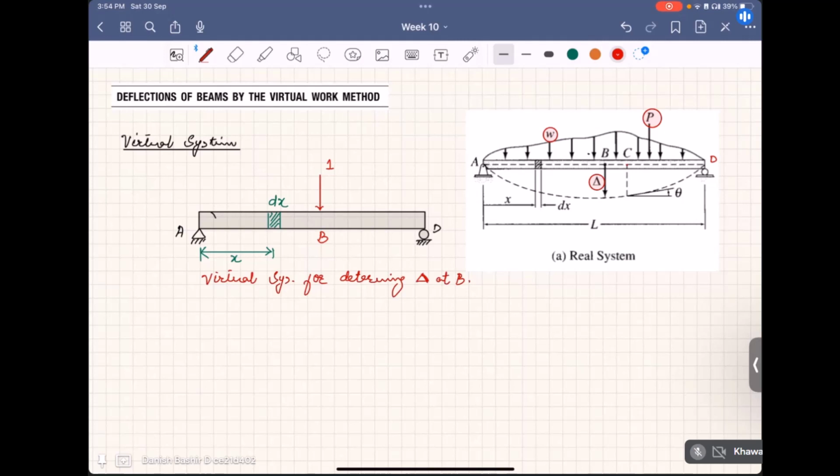Okay, for example, if we take this dx element in the virtual system, it will be bending like this. It is the same dx element. Actually, this is an exaggerated view of that initial dx element.